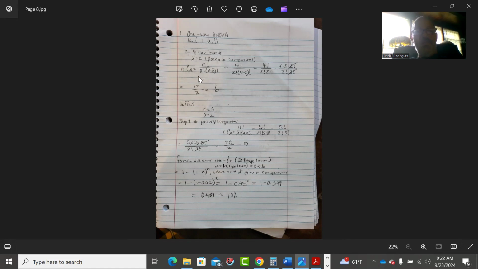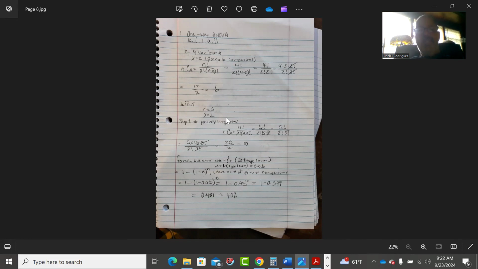So it'd be 4 choose 2, with 4 minus 2 because n minus x is 2. You should remember this because we did this earlier; that would give us 6. So if we have 4 cars and we want to compare the different cars on, say, customer satisfaction among the different brands, we can make 6 comparisons.